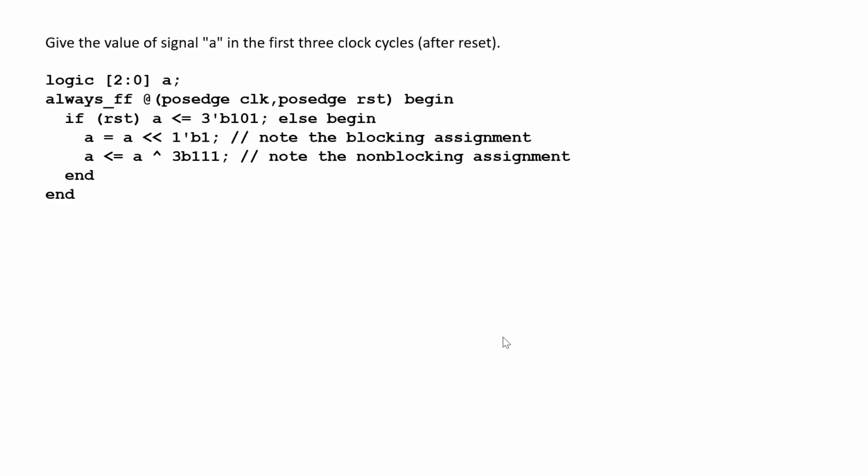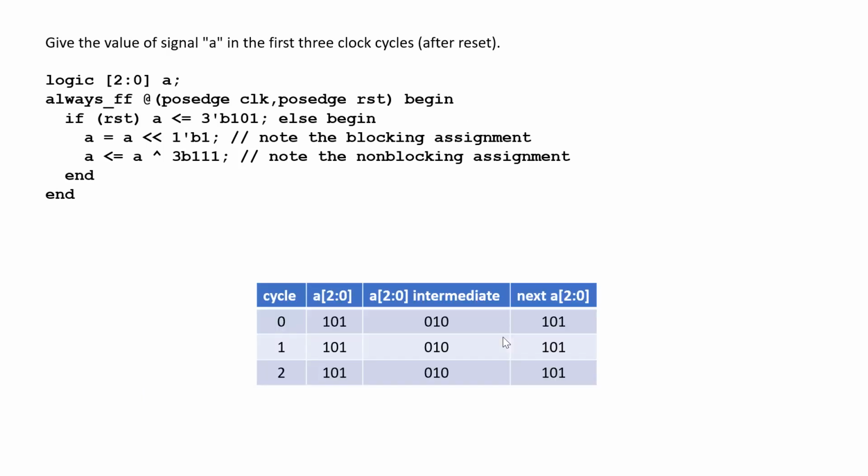Okay, give the value of signal A in the first 3 clock cycles. I have another table here. It's similar, except this one's a little confusing because I start out by assigning A to 101, and then the next state logic has a combination of a blocking and a non-blocking assignment.